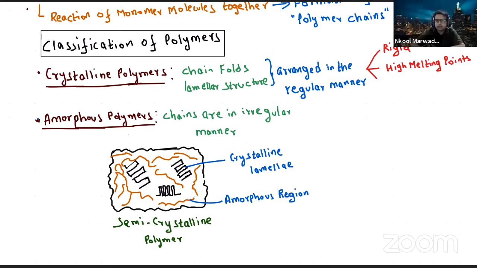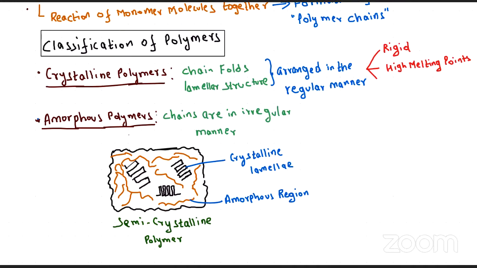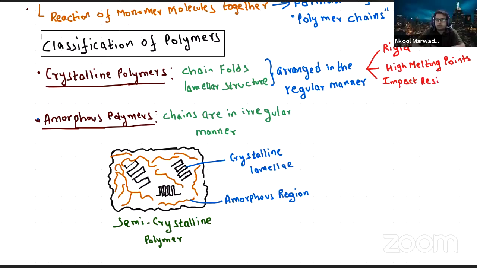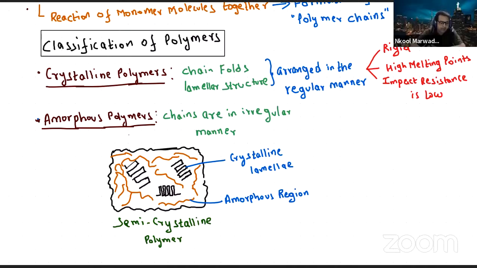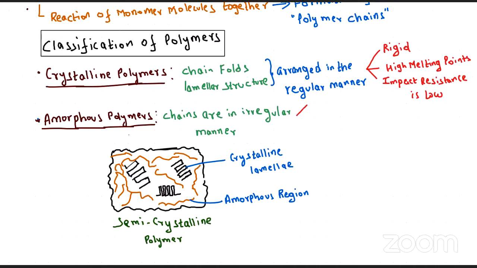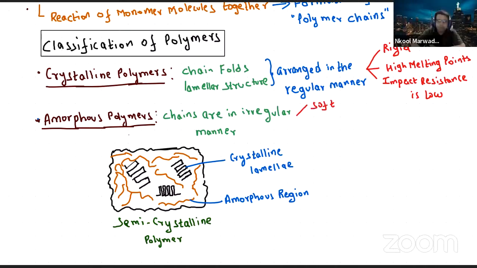Impact resistance is low. Why? Because if you apply a small force, it may break easily. A small impact and it may break. On the other hand, amorphous polymers are soft, with high impact resistance and low melting point.